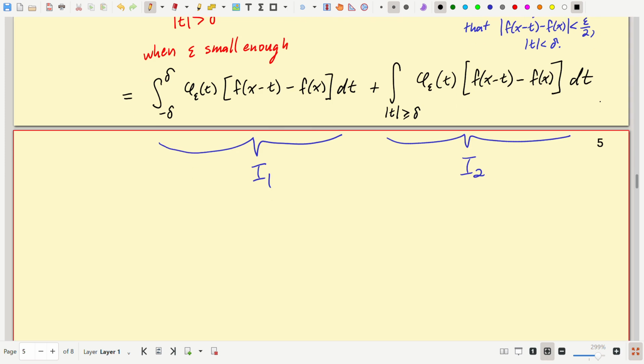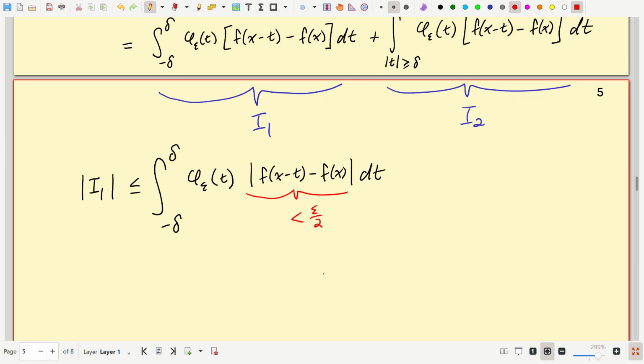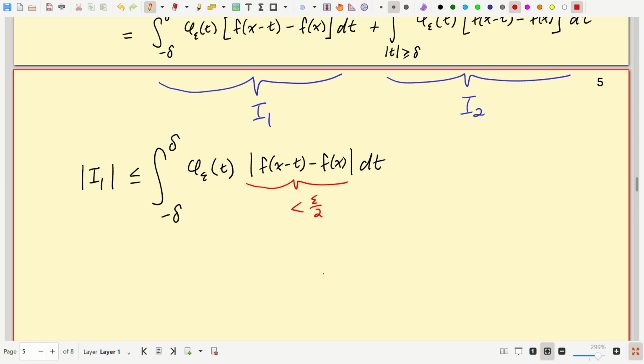then I1 is an easy one to deal with, because absolute I1 would be less than or equal to, this good kernel is a positive thing, so I would get phi sub epsilon of t times the absolute value of that other stuff, which is less than epsilon over 2. Okay, and this is exactly where the kernel phi sub epsilon is gigantic.